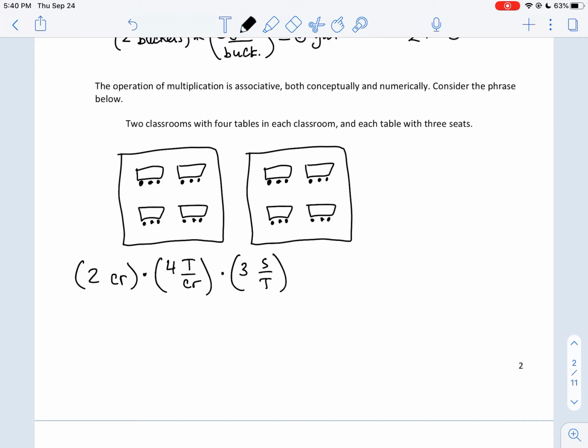Now, if you were to figure out how many tables we had first, in other words, do this calculation, we would get a total of 8 tables. And then we'll times that by 3 seats per table. And if I have 8 tables and 3 seats per table, then I get a total of 24 seats.